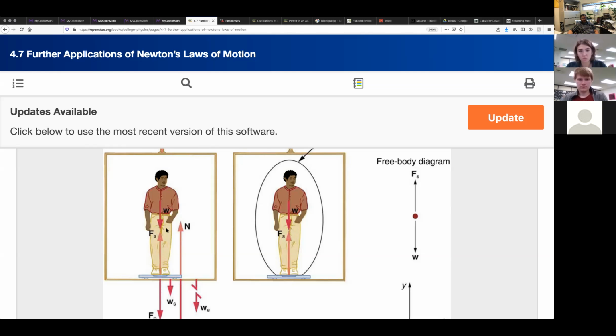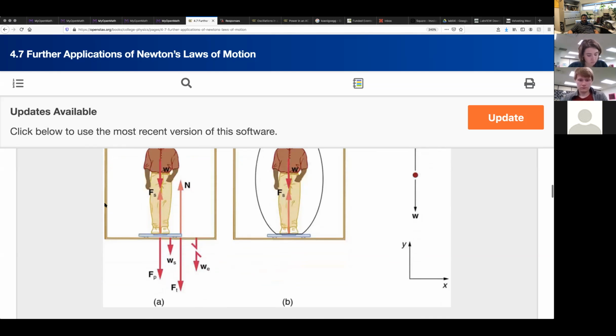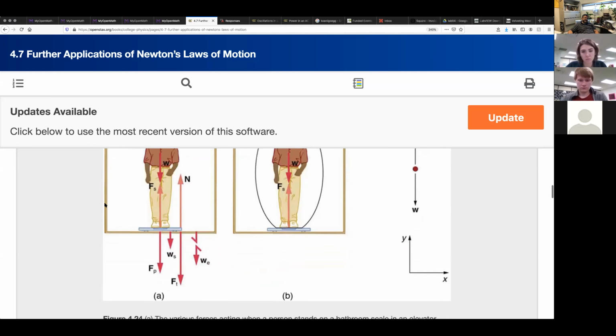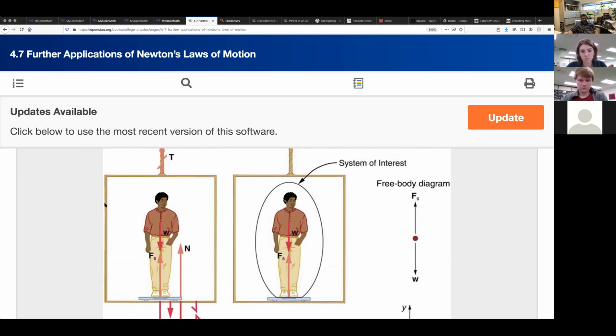However, if you're in an elevator and it's moving, that changes things. It can be quite dramatic. You can actually lose weight or gain weight in an elevator. And why is this? The reason is because the elevator is moving in the same dimension as your weight and the force on the scale.